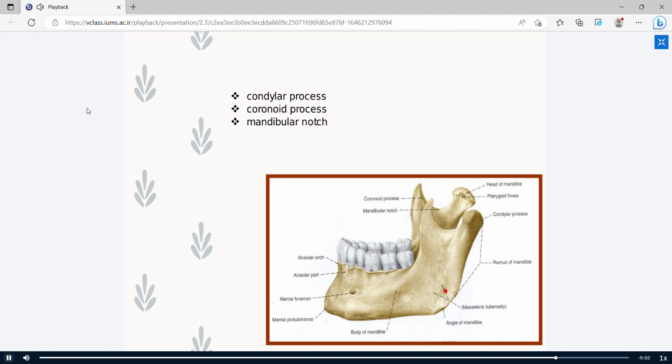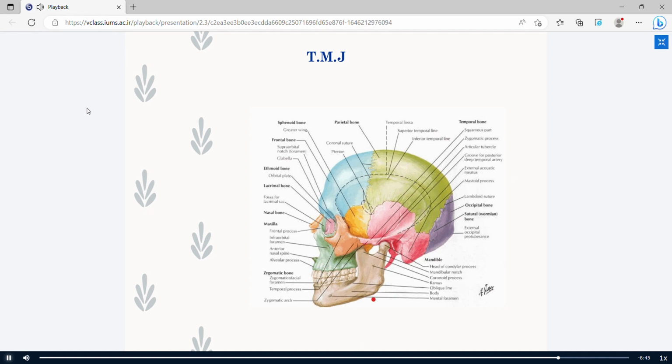The lateral surface of the ramus is the site for insertion of the masseter muscle, and the medial pterygoid muscle inserts on the medial side of the ramus. You can see the condylar process, coronoid process and mandibular notch. The condylar process with the mandibular fossa of the temporal bone forms the TM joint, or temporomandibular joint.